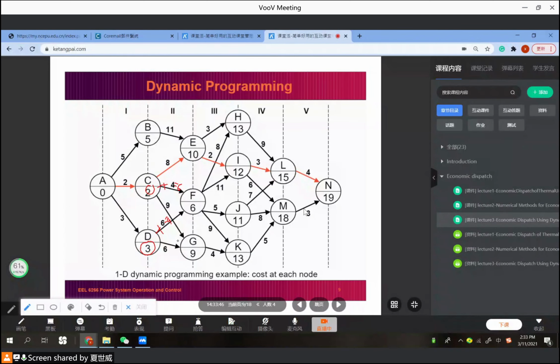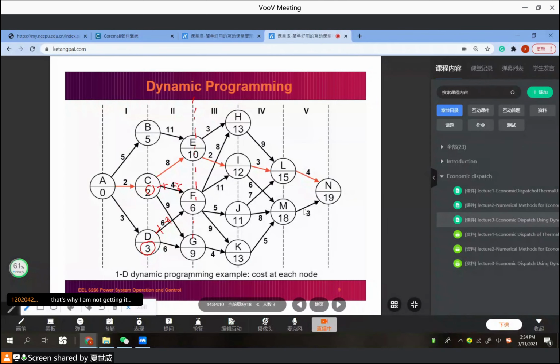For G, we have a solution ADG. And for this stage, we already know that from A to E, the best solution is 10. A to F, the best solution is 6. A to G, the best solution is 9. Okay, so that means we have already arrived at this stage.